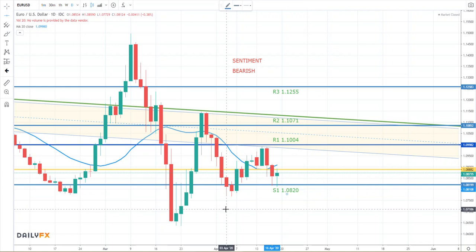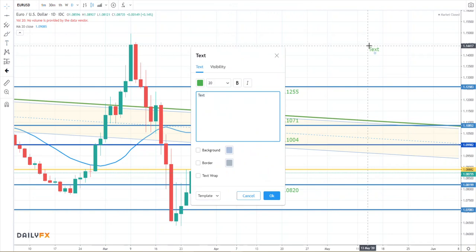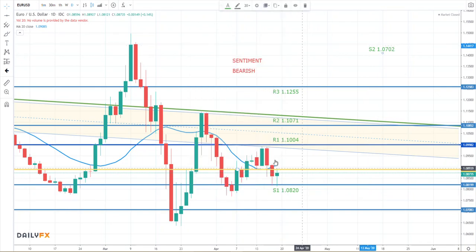So we're all bearish, but it looks like we might see a little sideways action this week on the Euro.